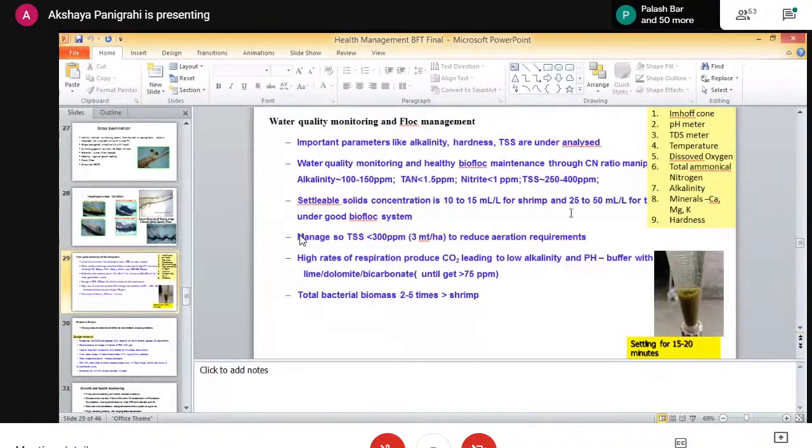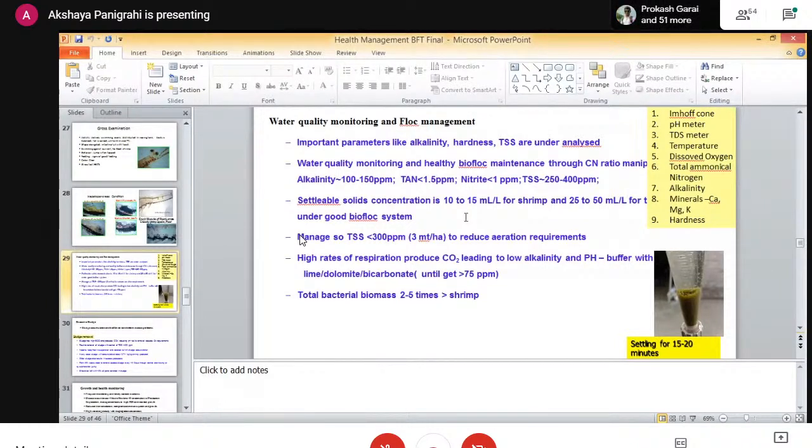Then water quality and floc management is one of the important aspects by which you can reduce the TAN level and maintain the alkalinity. Once the biofloc develops, the alkalinity drops very fast, from 150 to 100 to 80. So you should always add any lime material to make up the alkalinity. That is one of the important things.